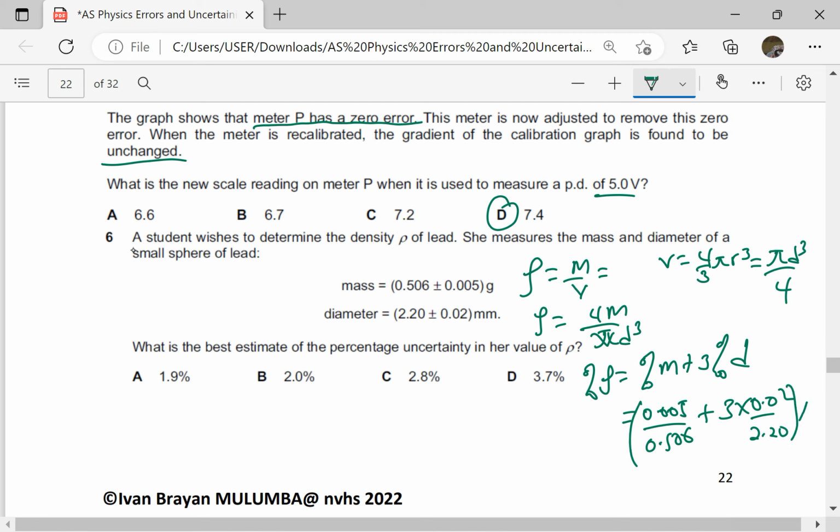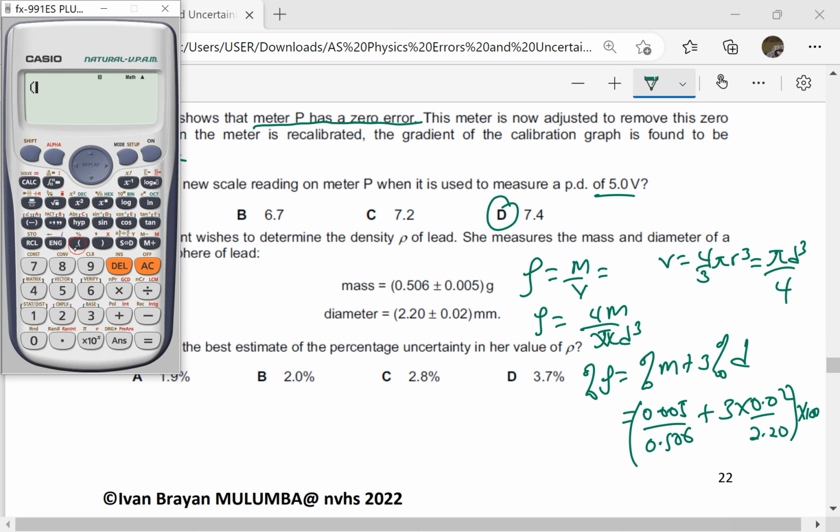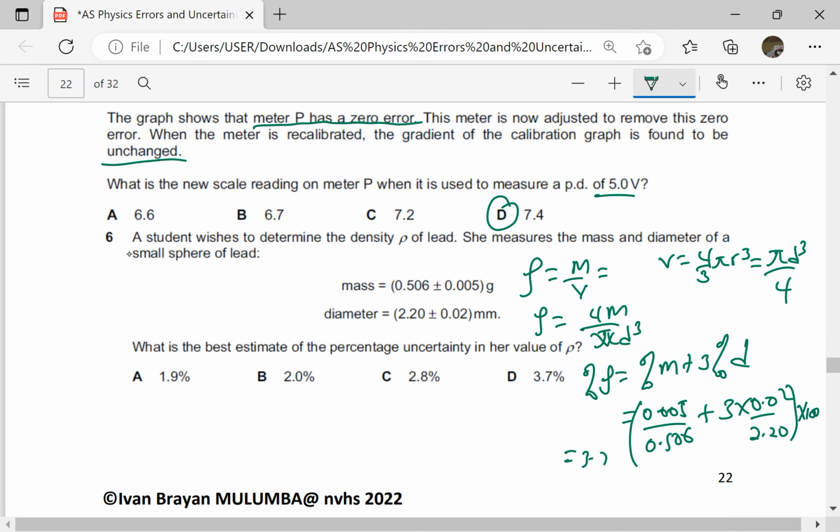And I will multiply this by 100 to change it to percentage. 0.005 divided by 0.506 plus 3 times 0.02 divided by 2.2, times 100, which is 3.71. So this is 3.7%. So the answer is D.